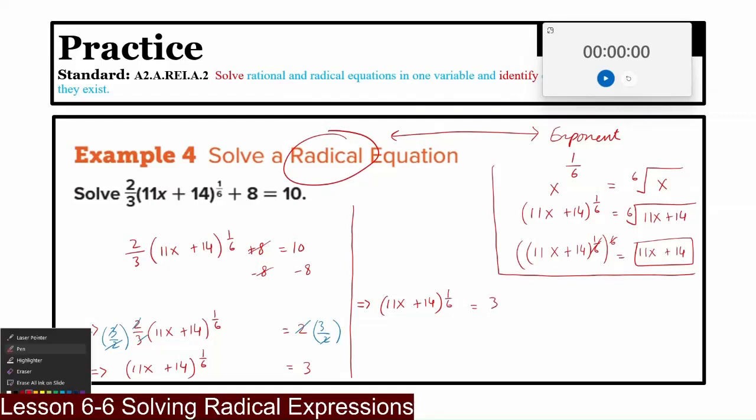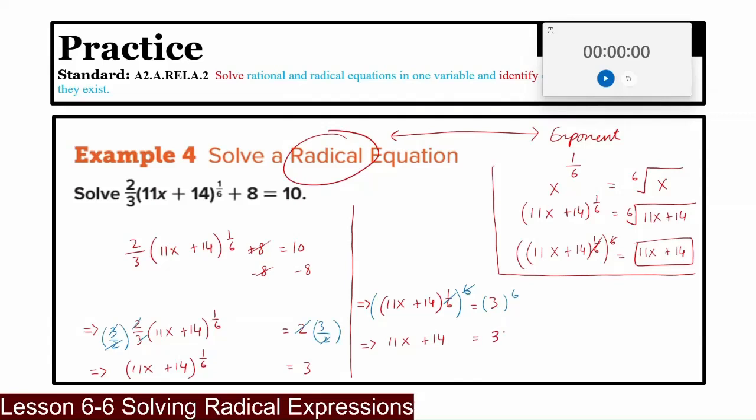To get rid of the exponent, I'm going to raise both sides by 6. I'll raise this by 6 as well. So the 6 cancels all of this. The index cancels the exponent right here, and so I'm left with 11x plus 14 equals 3 raised to 6.